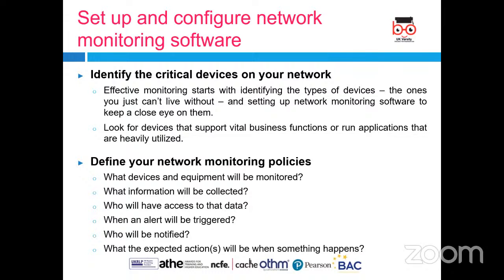Once we have figured out which devices are more subject to attacks, we can define a network policy where we will have several questions and we need to target them in order to identify how this monitoring system can happen.